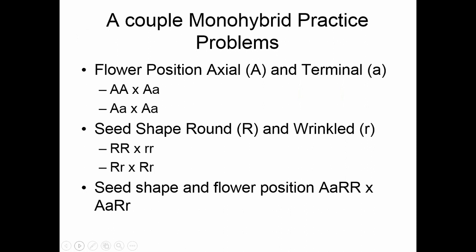Okay, so let's do a couple of monohybrid practice problems, just to refresh us from Bio 1. You should all be familiar with this. So we're dealing with flower position of axial and terminal. If we cross a homozygous dominant axial flower with a heterozygous axial flower, what are we going to get? We just set up our Punnett square like this.